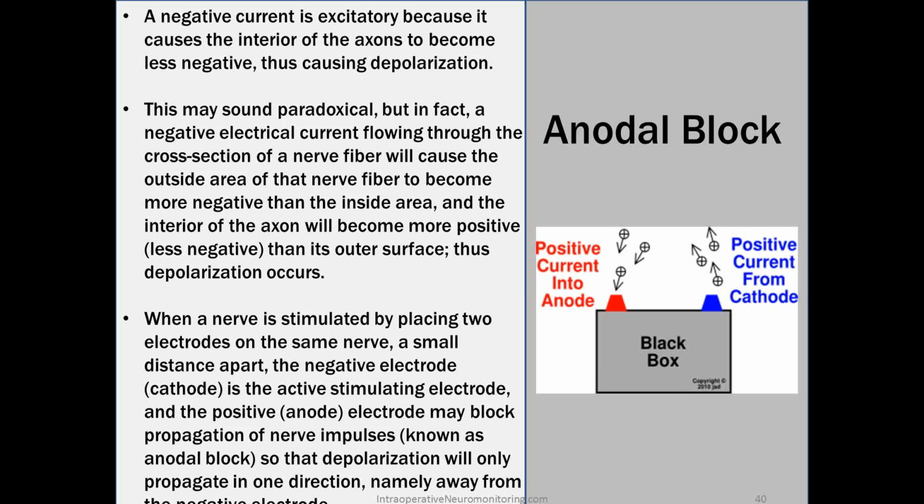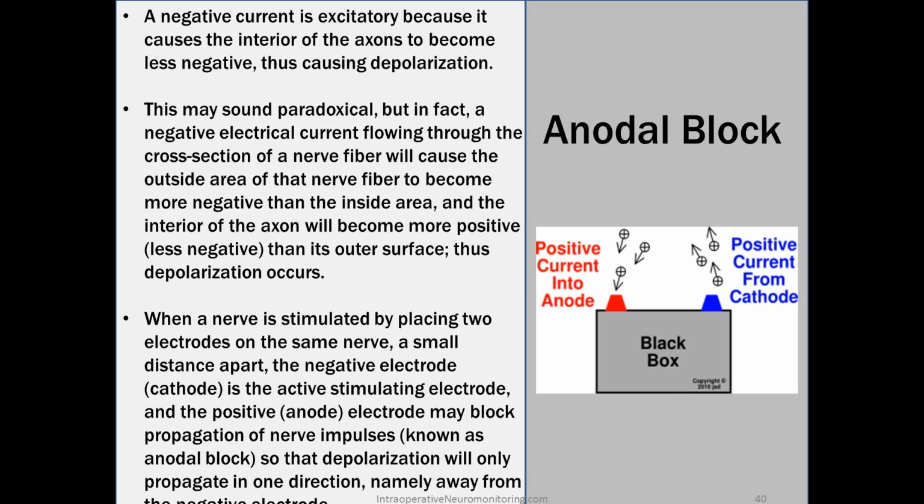So if you're running an SSEP on the ulnar nerve, we place our cathode more proximal and our anode more distal. The cathode is our active electrode, and we want it to stimulate up the sensory fibers orthodromically, and we also want to block any antidromic conduction through the sensory portion of the nerve, or orthodromic through the motor portion of the nerve, to reduce the twitching of the hand.